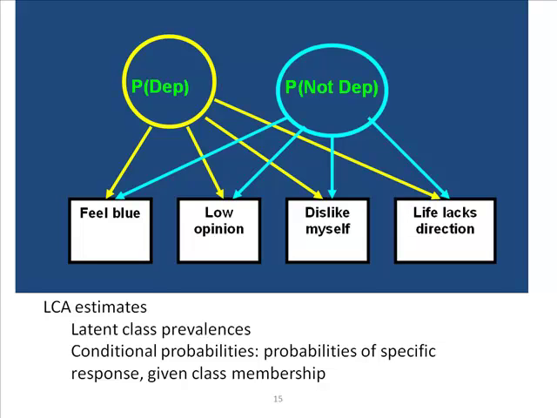What's the probability of scoring high on the feeling blue question if you're in the not depressed class? So these conditional probabilities are also a result of latent class analysis. So the two key things that a latent class analysis does: it gives us how many people there are in each of these groups, and also the conditional probability of scoring high on each of these observed items given your membership of the class.